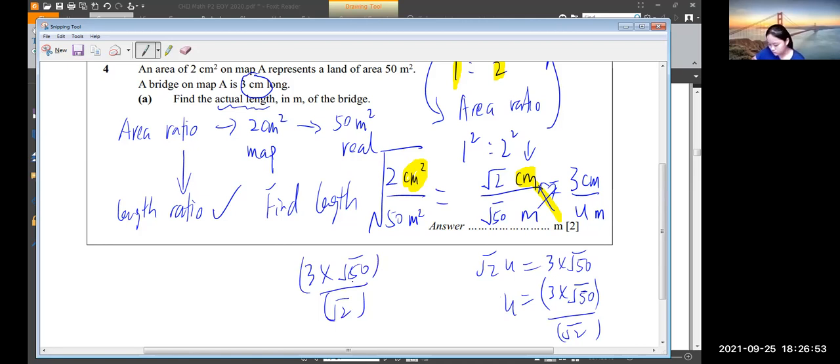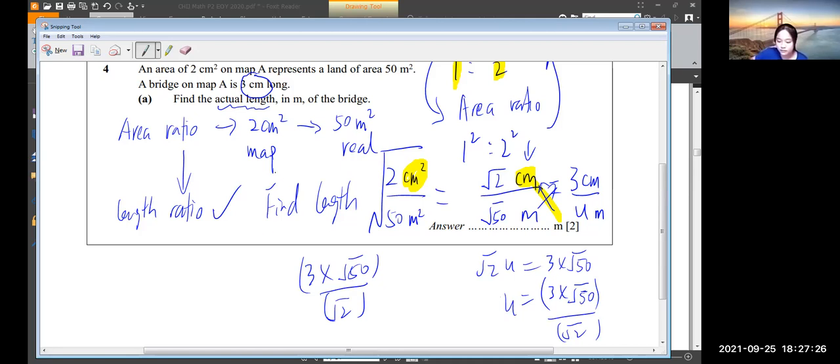Use your calculator: 3 times square root 50 in brackets, over square root 2 in brackets. Yeah, 15. I don't know why you get some weird number. It should be 15. Okay. So far so good.